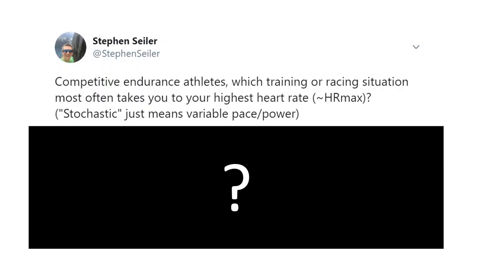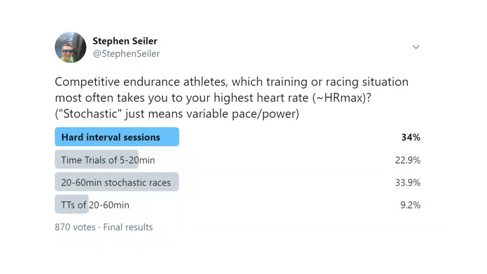It was very close, but 34% said that hard interval sessions were a good way for them to find their maximum heart rate. A smaller percentage used typical time to exhaustion or time trials, in other words, a 6-minute all-out run or a 6-minute cycling test or a 20-minute cycling test all out.